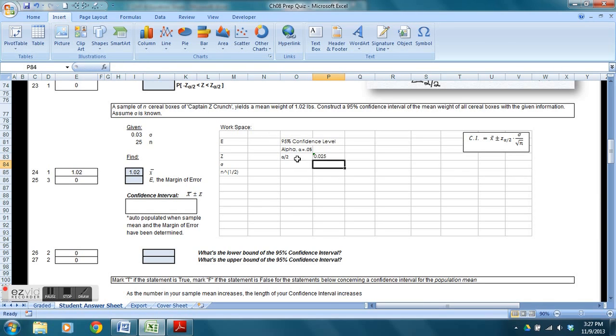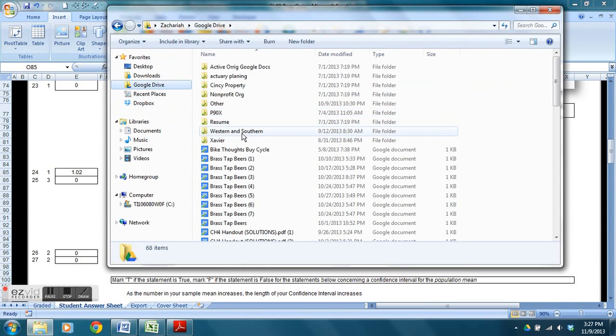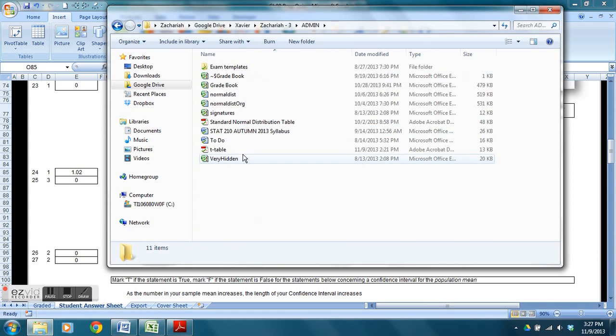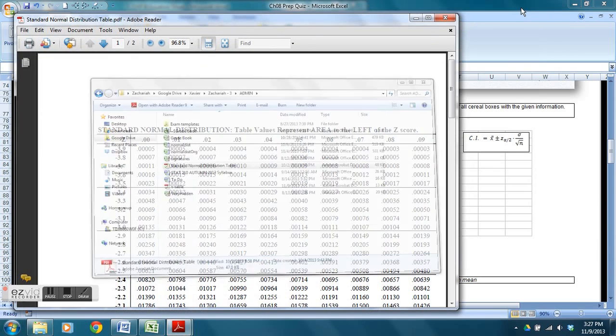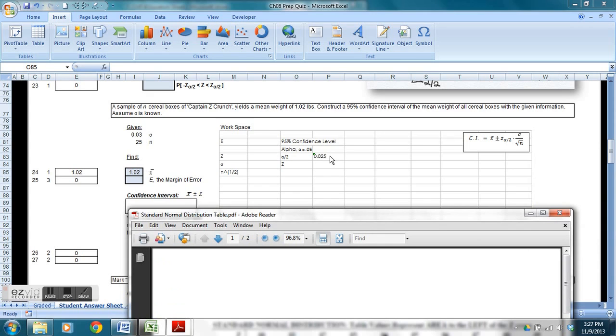So to determine what our z value is, that is z sub alpha over 2, or z of 0.025, we can just look into our standard normal table, which I don't have open for us right here. And we can find 0.025, this probability, in our standard normal table.